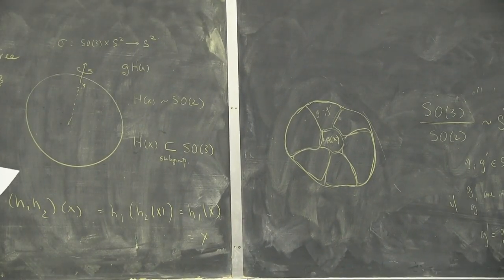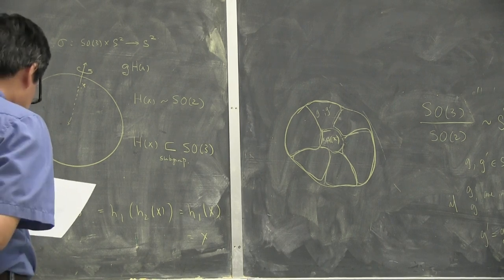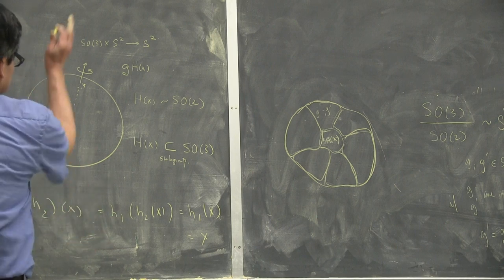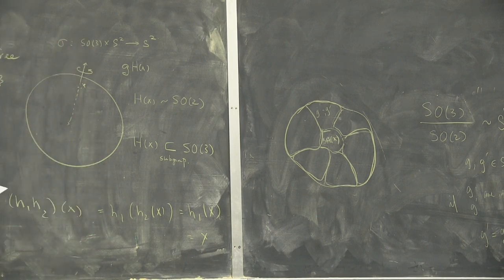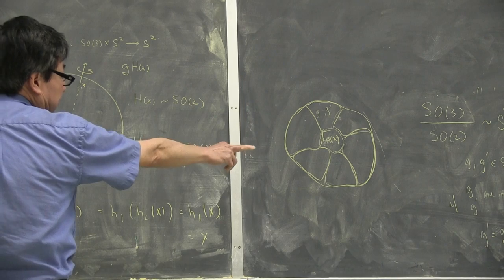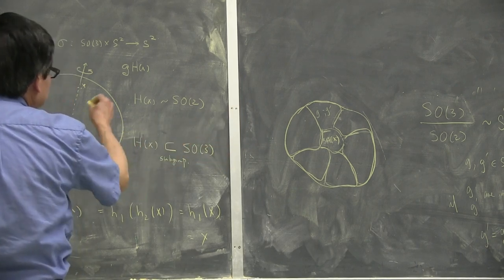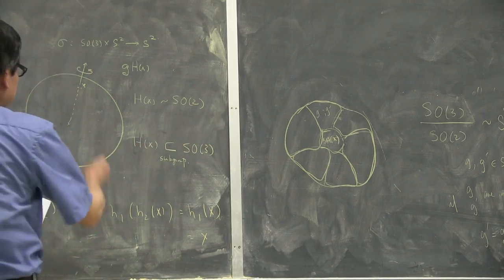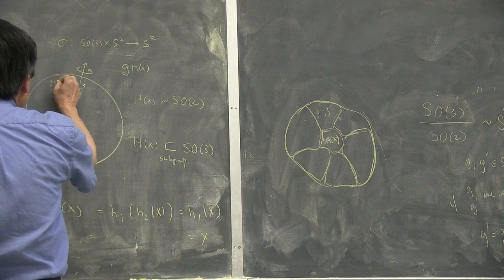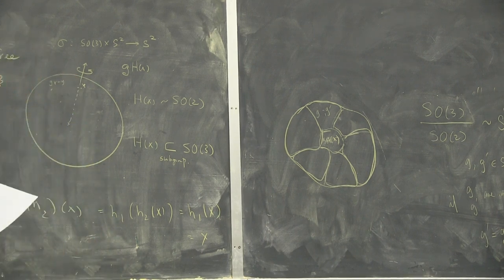Or you can use the rectangular coordinates (0, 0, 1) if this is the z direction. Let's say we take X, and we take a G. G takes X to something which is GX, which we call Y.